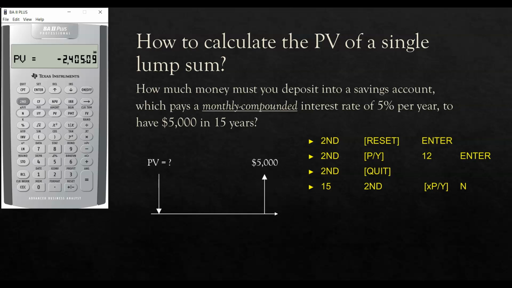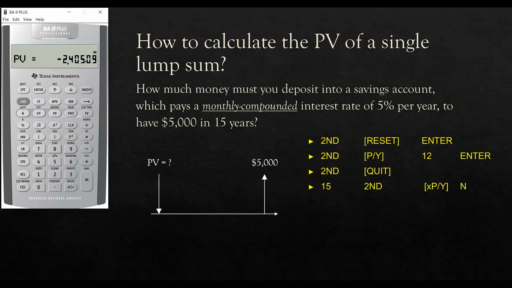You can no longer use 15 because we have 15 years. You actually have to tell the calculator how many months we have, right? Essentially, you want to take 15 years times whatever number you set for P/Y, which happens to be 12 in this case. You're telling the calculator we're looking at 180 months.